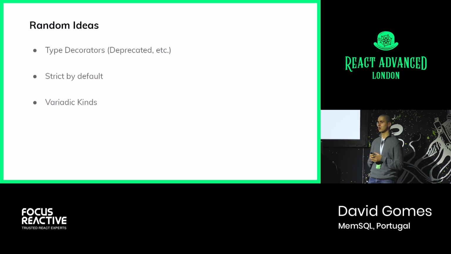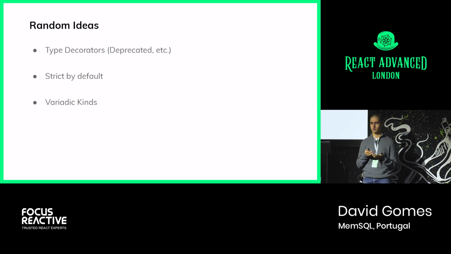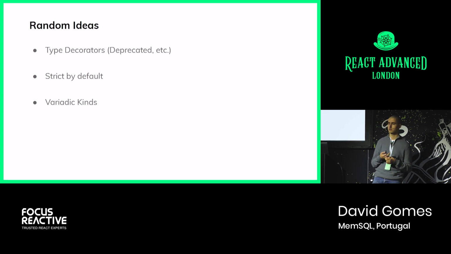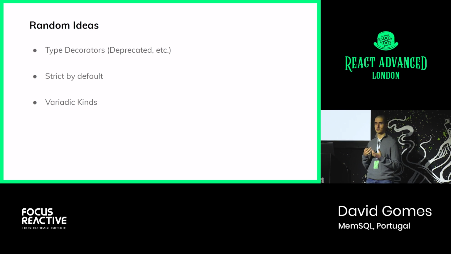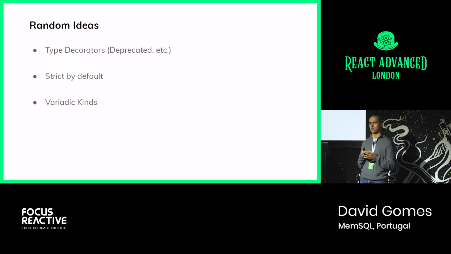And then there's a lot of other things that I would just like to see explored. Some of these are type decorators for annotating deprecated types and other things. Another thing that I would like to see the community discuss is more strictness. So for example, when you start up a new TypeScript project, the strict configuration is set to false.